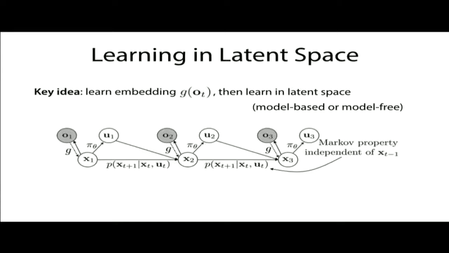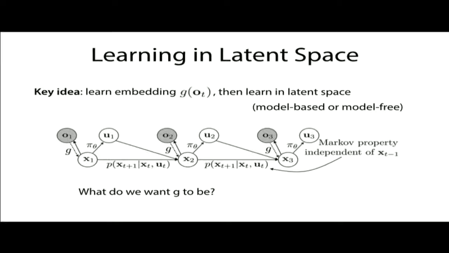And once you have this latent embedding, you can actually apply either model-based or model-free methods to this. We'll see the benefits of why you would apply a model-free method using this approach, and then a lot of the focus will be on model-based methods. And so the first question here is, what do we want G to be?